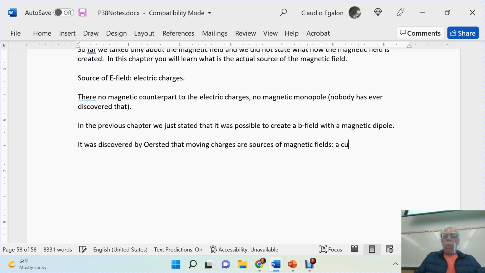A current carrying wire produces a magnetic field around it. We say that the magnetic field circulates around the wire.